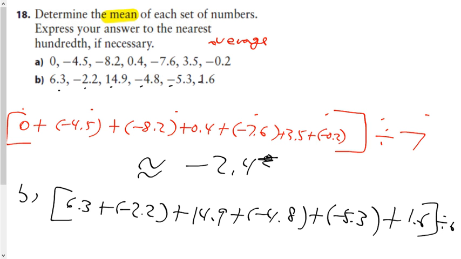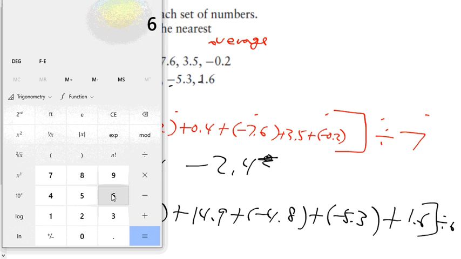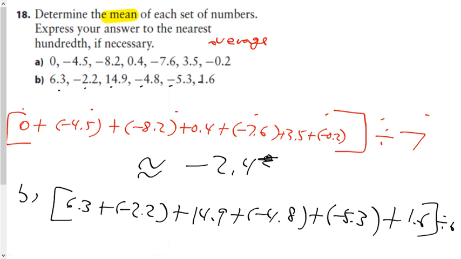Can I remember this without seeing it? 6.3 plus 2.2 negatives plus 14.9 plus 4.8 negative plus 5.3 negative plus 1.6 equals divided by 6 equals. Is that right? I'm the most amazing person that ever lived. So therefore, the average number for that, the mean, the average, is 1.75.